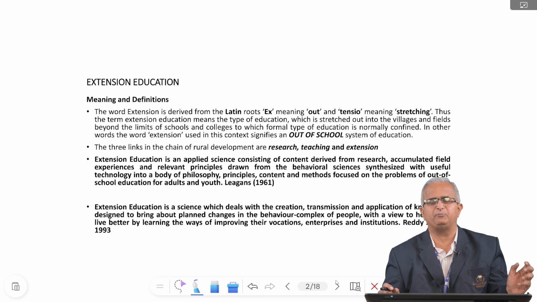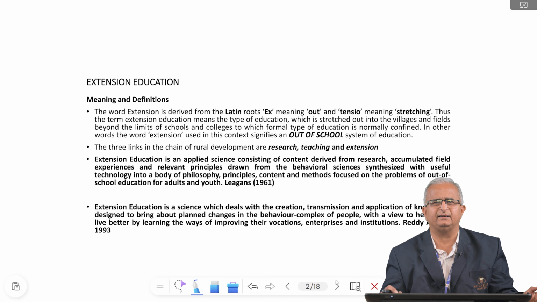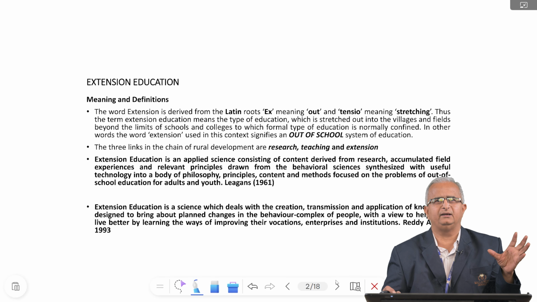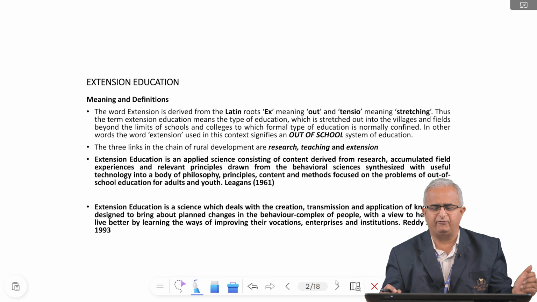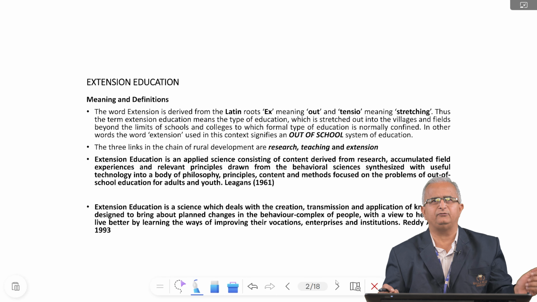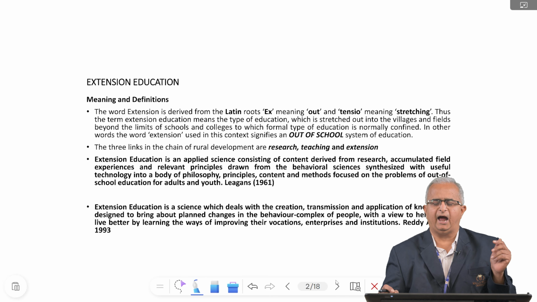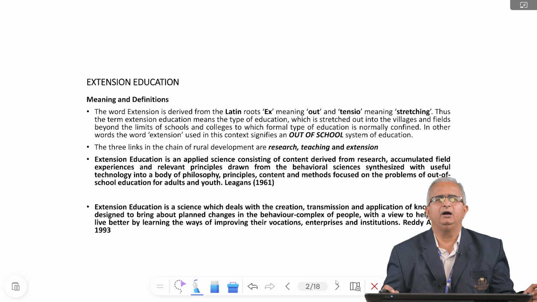Then the relevant principles drawn from the behavioral sciences. The behavioral sciences are psychology, sociology, management and anthropology. The principles taken from these behavioral sciences were included in this particular subject, and they are synthesized with useful technology and made into a body of philosophy, principles, content and methods, and they focus on the problems of out-of-school education for adults and youth.